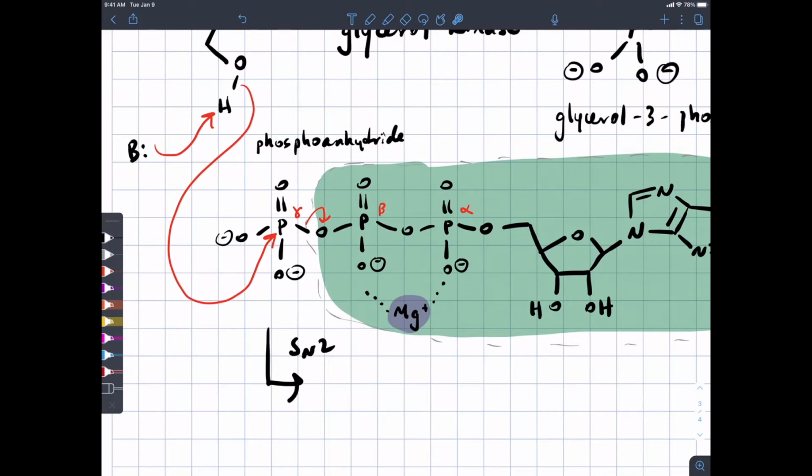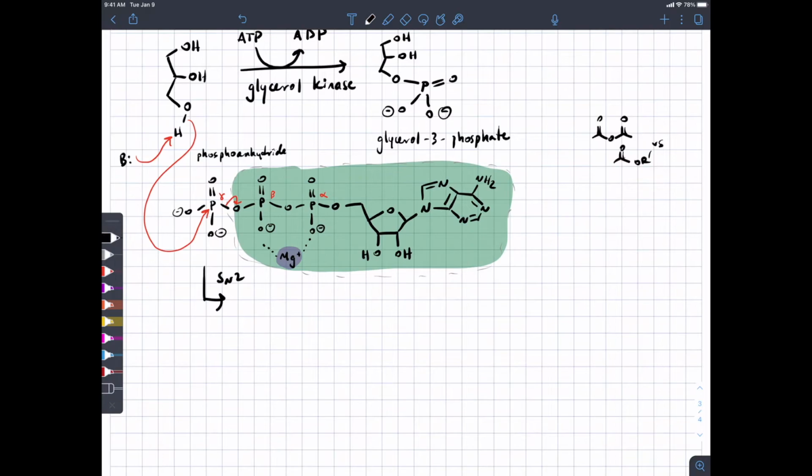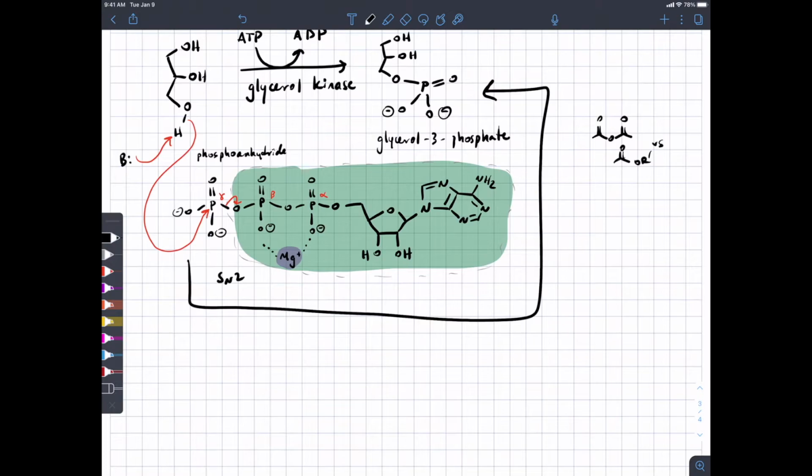To keep things simple, I'm going to show it to you in SN2 fashion, though if you get to a biochem class and Professor Wood shows you first the electrons kicking up here so that you now have 5 groups around phosphorus, and then an intermediate where the electrons kick down and kick off the leaving group, that's fine too. We're just going to keep it simple. And so that SN2 reaction gives us glycerol 3-phosphate.